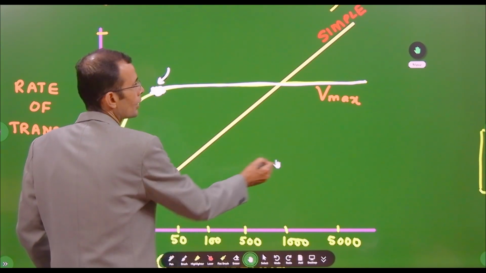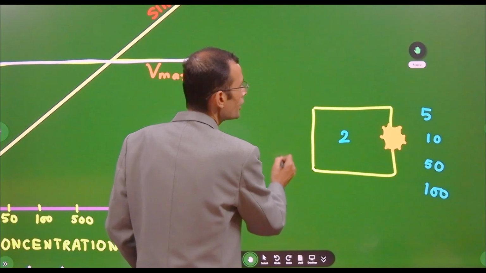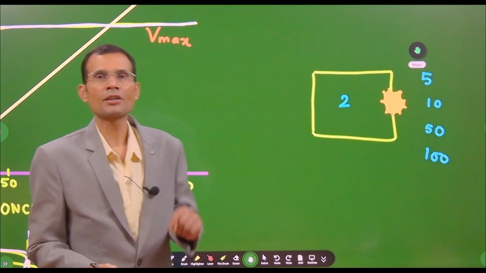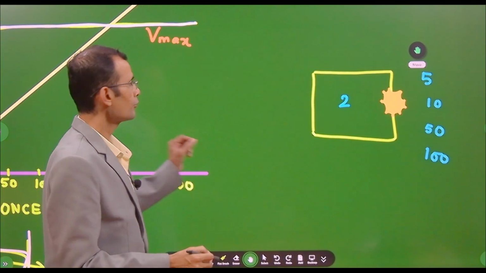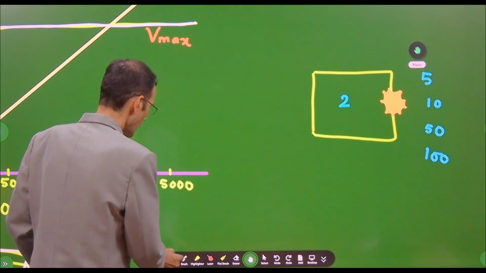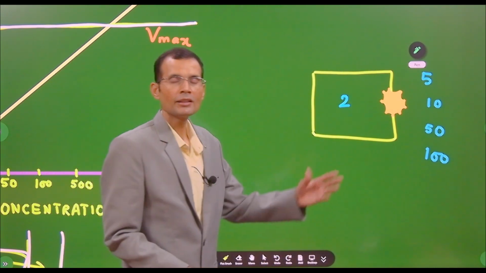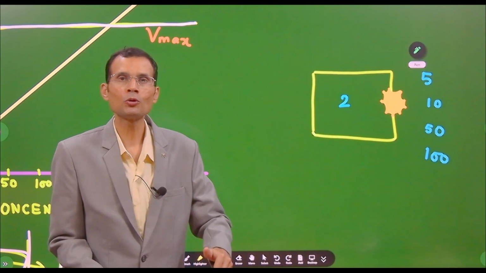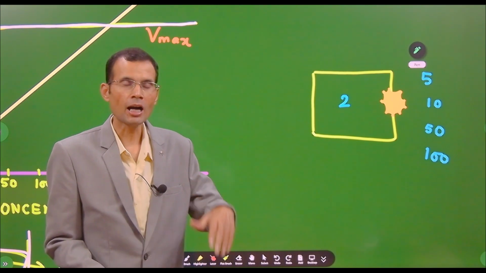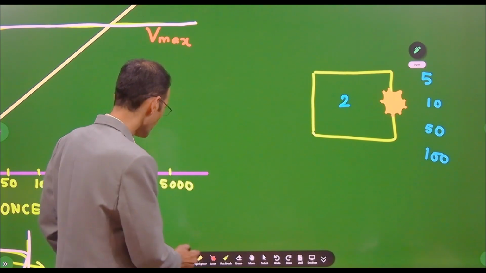is beneficial. Now coming to the carrier-mediated transports like facilitated diffusion. It is the carrier which is carrying the substance like a glucose or like a para-aminohippuric acid or inulin.